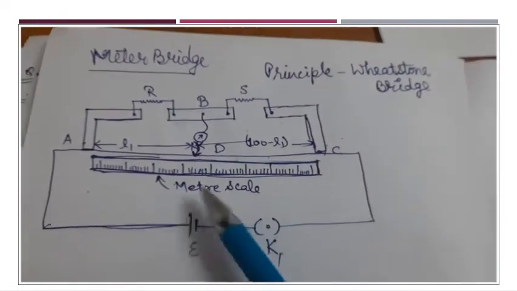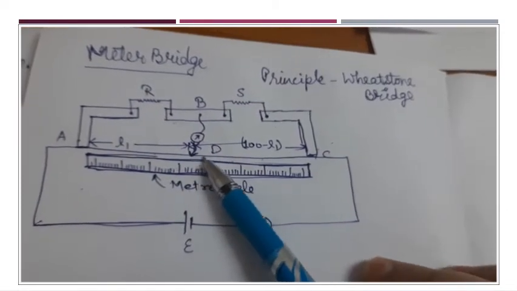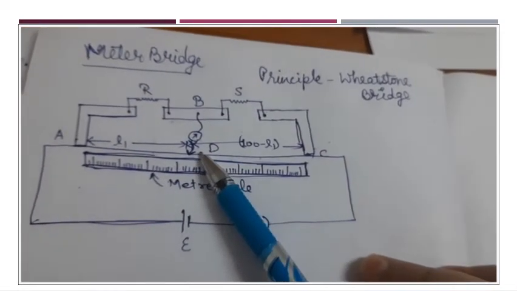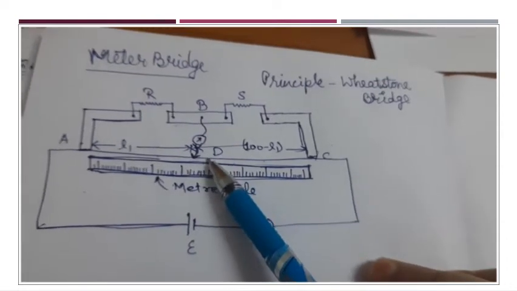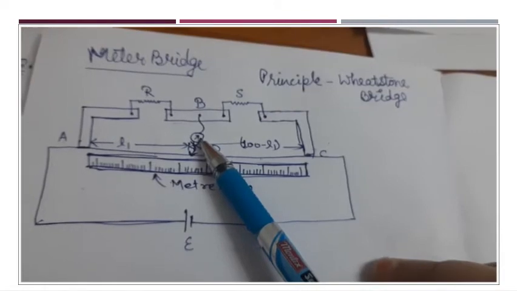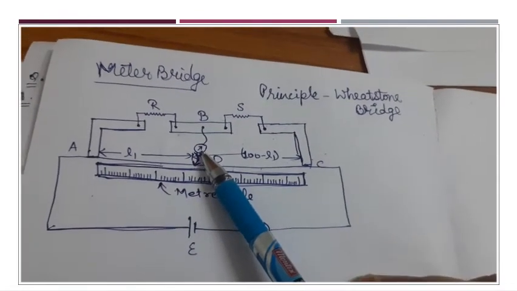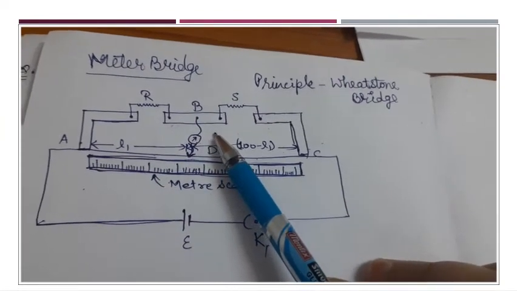So as it moves on the wire, the length of the wire can be varied, in order to get a balance condition. Now what is the balance condition? That the deflection in the galvanometer is 0. No current is flowing through the galvanometer arm, so it will show 0 deflection. That will be the balanced bridge condition.